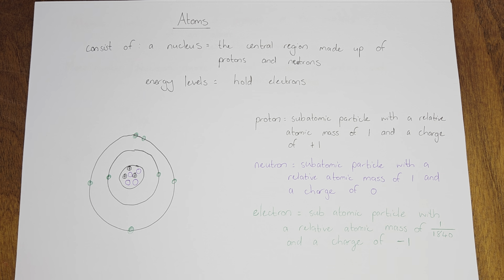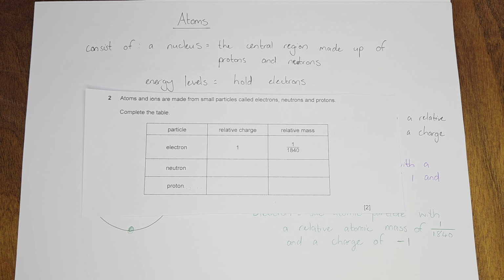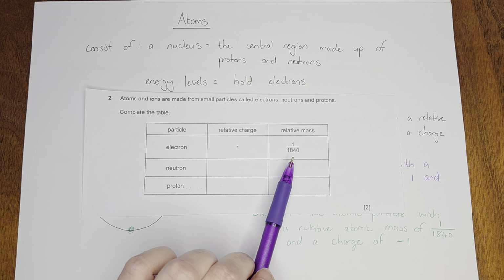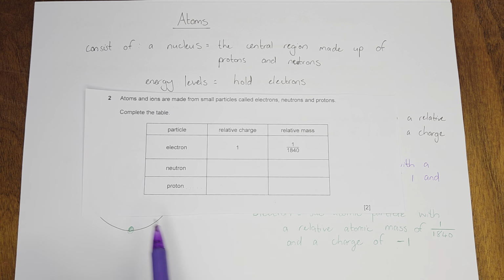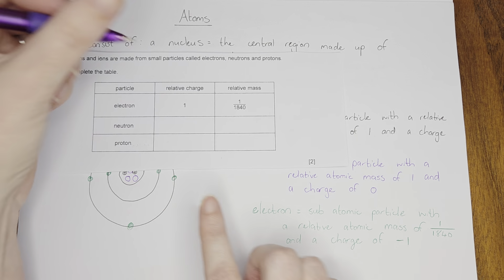So it's important to know these relative charges and the relative masses, because you can get a question like this where they ask you to fill out the table. They will usually give you the relative mass of the electron, but if we have to fill out the table for the rest, the neutron's relative charge is always going to be 0.